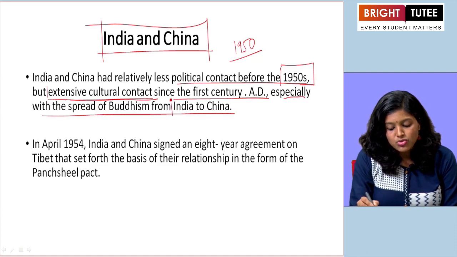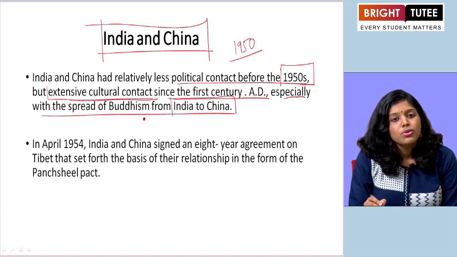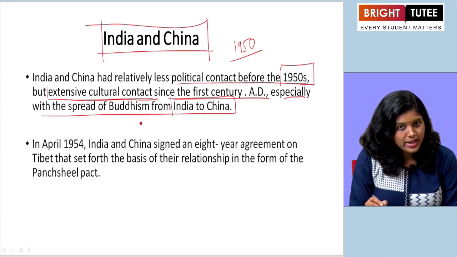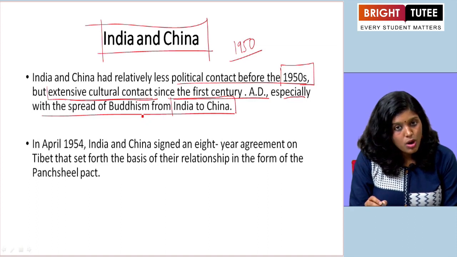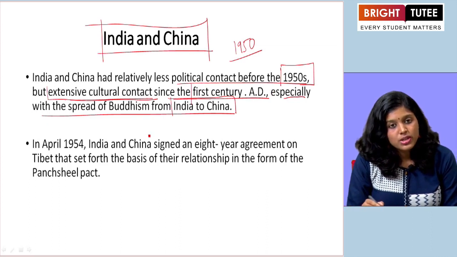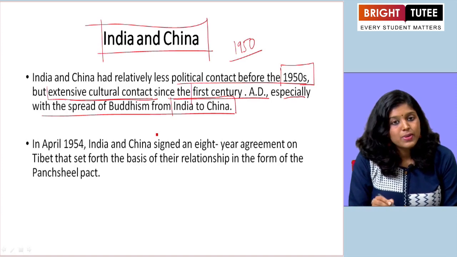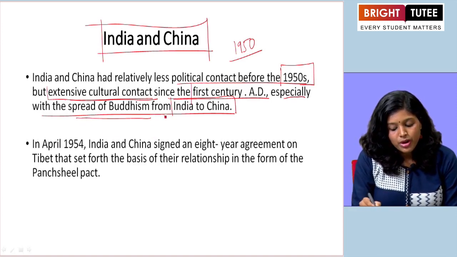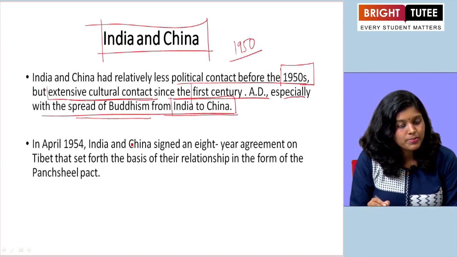from India to China. So, the cultural contact which India shared with China has been a long one, with a history starting around the 1st century AD, especially related to the spread of Buddhism from India to China.